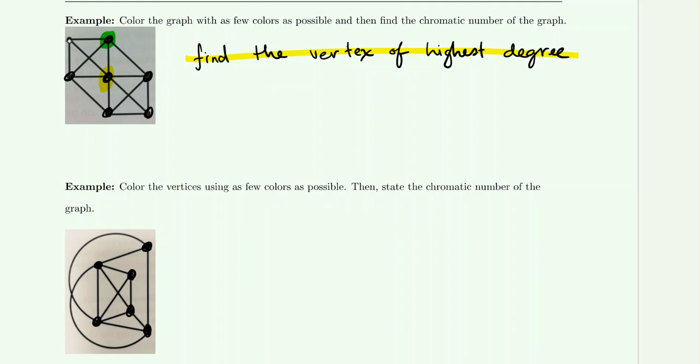And we ask ourselves, of the remaining 5 uncolored vertices, who can share this green? This one can't because they're connected by an edge. This one can't. Okay. This one can because notice it's not connected by a single edge. It's connected by one to here and then one to here, but there's no direct connection from here all the way to here so they can be the same color.